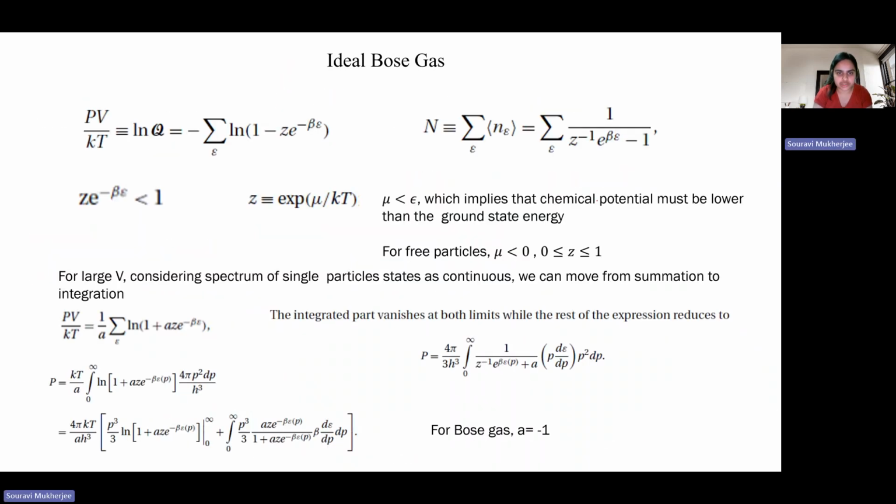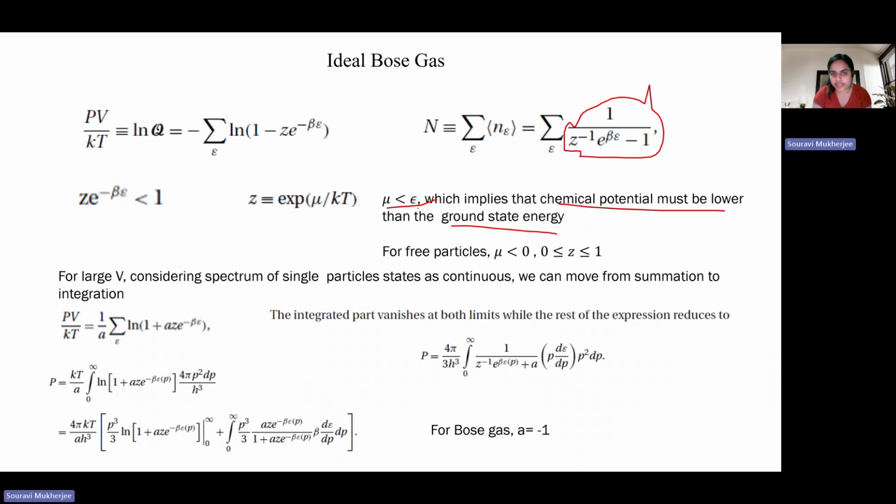Very early in the discussion, we saw that for the Bose-Einstein distribution, mu should be less than epsilon. The chemical potential must be lower than the ground state energy. This comes from the expression of the mean occupation number itself. For this to be defined, z e to the power minus beta epsilon should be less than 1, which tells you that mu should be less than epsilon.